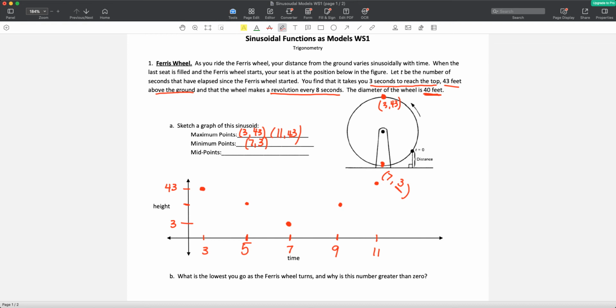Divide that by 2, I get 23. Okay, so there's the middle of my graph. There's one perfect period, basically. If you wanted to come down and put a point at 1, you could, but it's not necessary. Okay, so we have a graph. Let's go ahead and write our midpoints here. We had (5, 23) and we had (9, 23).